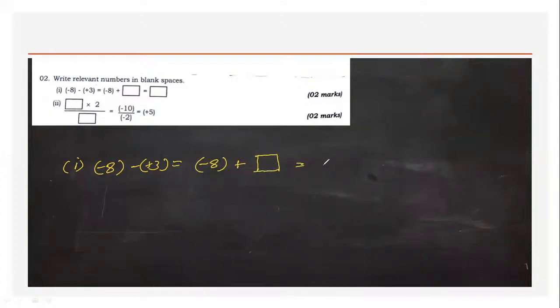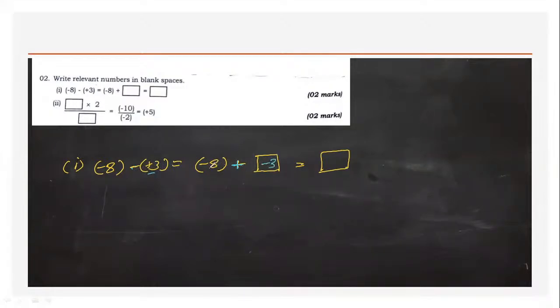Easy to write the answer here now. So what we have learned, according to the rules of the directed numbers, when you are subtracting directed numbers, you can change this sign to the opposite. It means if this is negative, you can write it as positive and write the additive inverse of this number here. The additive inverse of plus 3 is minus 3.